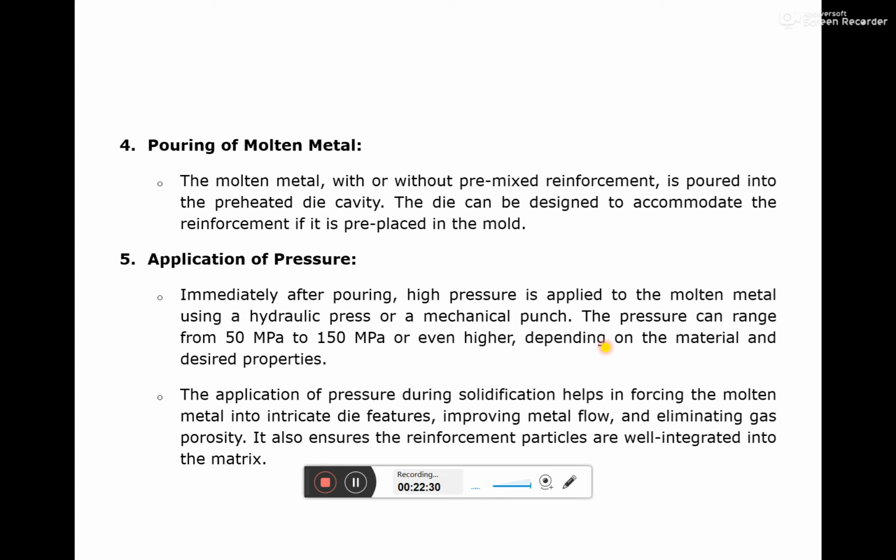The only additional setup in this particular squeeze casting is the special pressure application mechanism.